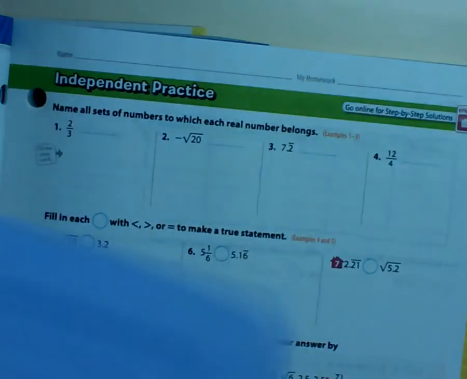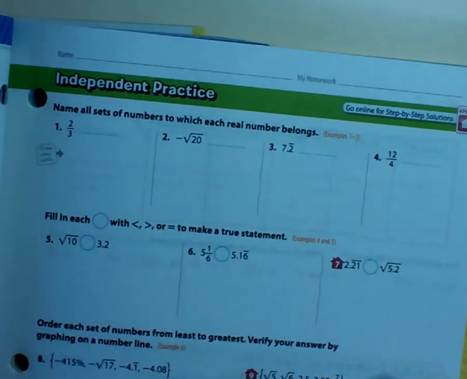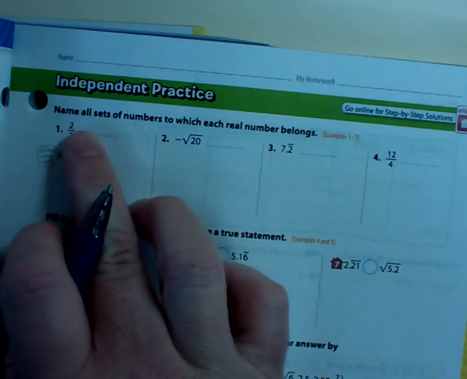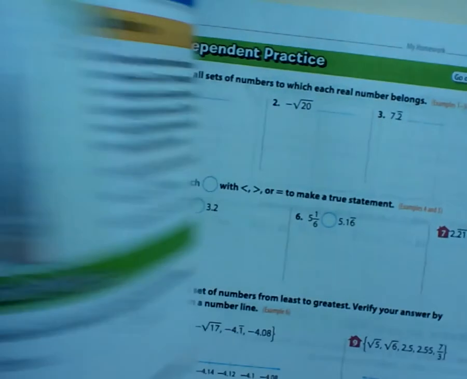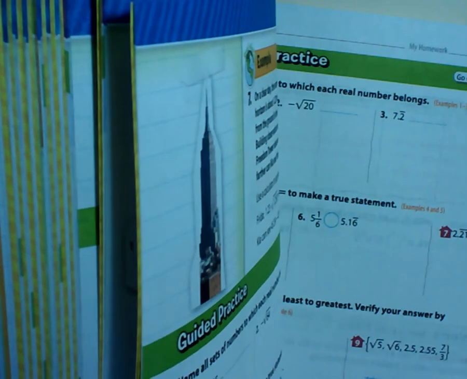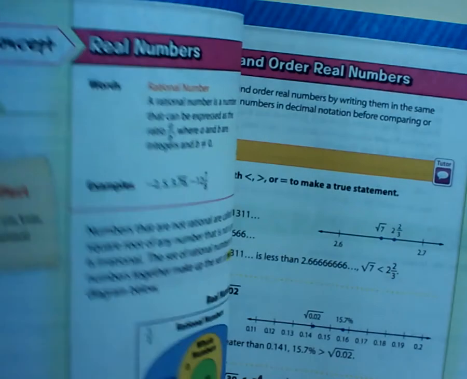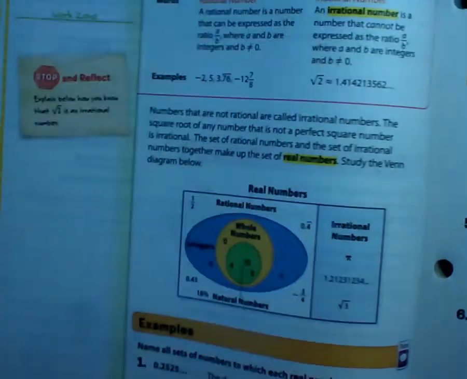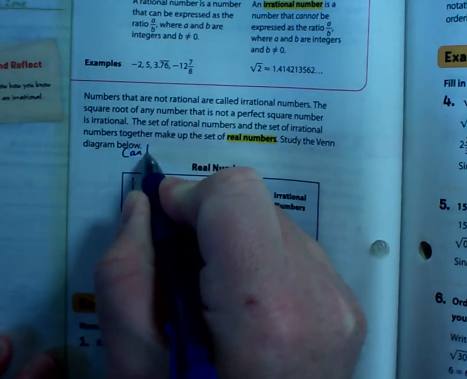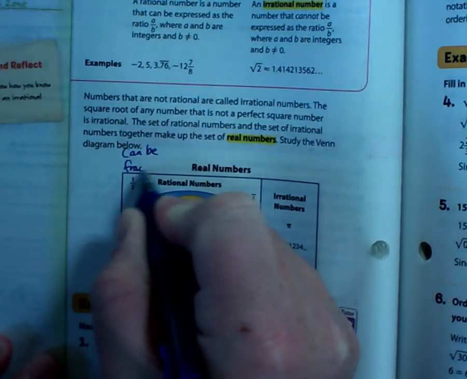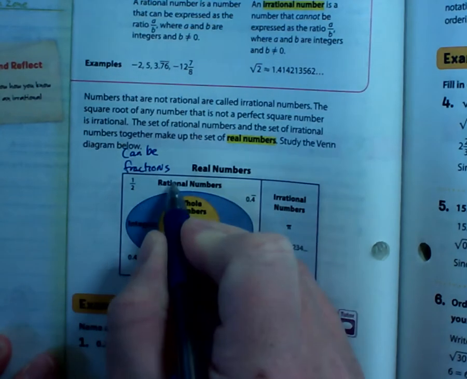And finally, page 93. I'm just going to go over the main bulk of this review, not the word problems. Name all sets of numbers to which the real numbers belong. Okay, well, we need to flip back in our book just a couple pages here, and we look at the real number system. Okay, well, here's our real numbers. Remember, real numbers can be fractions, and that's for rational numbers.